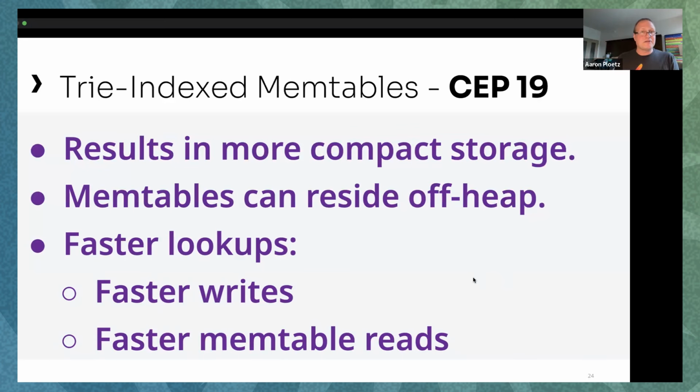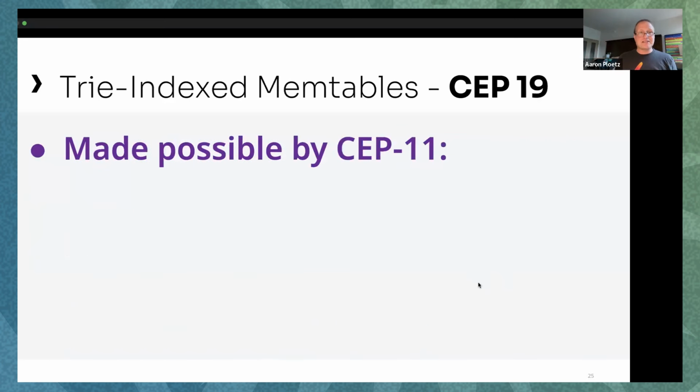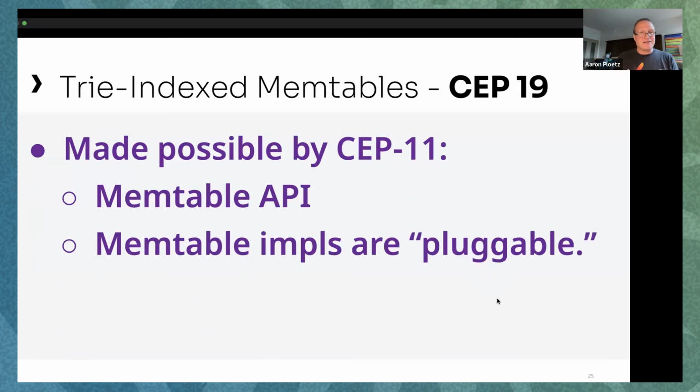Another thing worth mentioning is that this is made possible by CEP-11, which exposes the memtable API so that memtable implementations can be pluggable. So in theory, you could write your own if you really wanted to, but this is going to allow us a few more options to make more efficient use of the RAM on each Cassandra node.